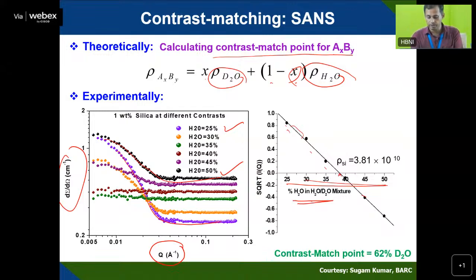At a particular point here, it crosses. So the contrast match is at about 62% D2O with the remaining water, and at 62% D2O the solvent will match that contrast. You can get the core or shell information using this type of model.